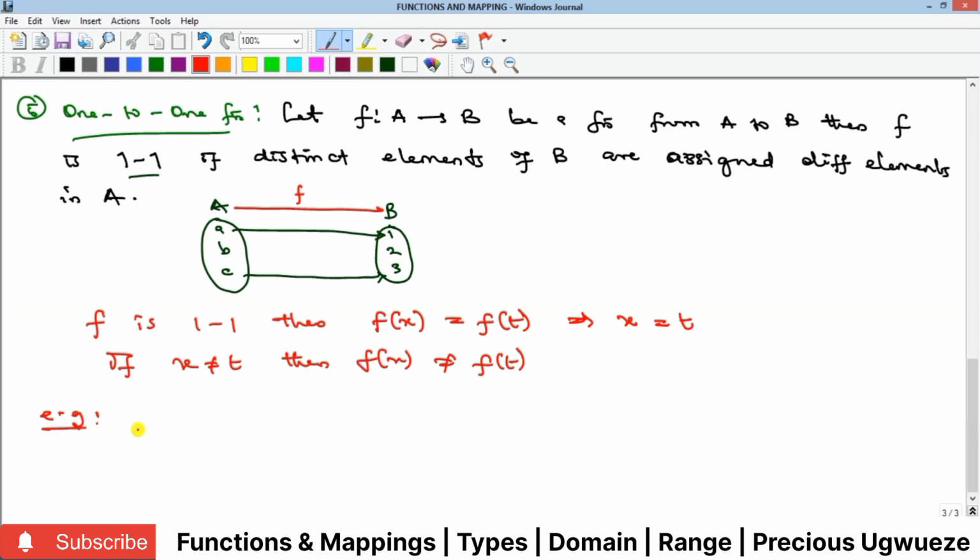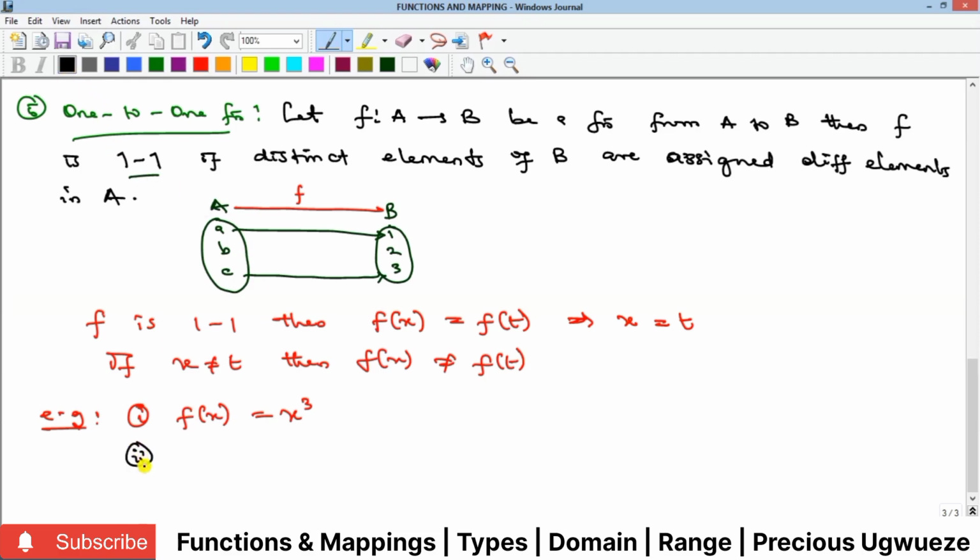For instance, if I have f of x to be equal to x raised to power 3, there are no two values you will put as your x and you will get exactly the same value. It is not possible. Any value you put as your x will give you a different value once the x are different. So this is an example of a one-to-one function.